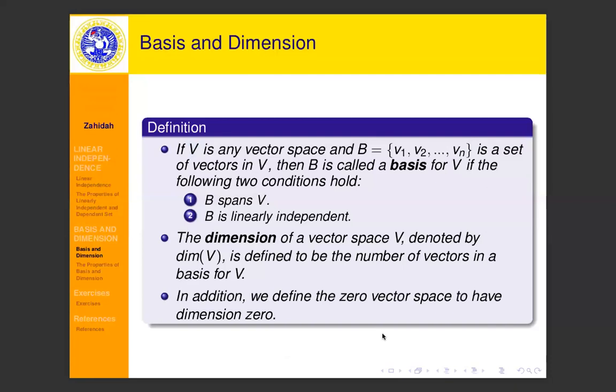Okay, if we have the zero vector space, it means we have a vector space that contains only the zero vector. So we conclude that the dimension of the zero vector space is 0.